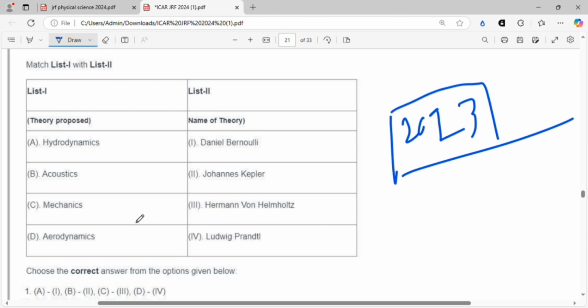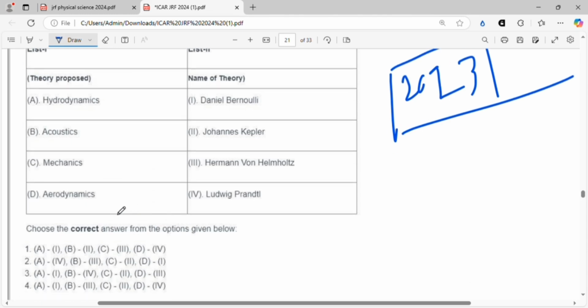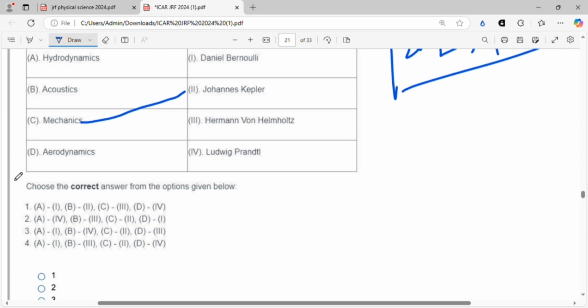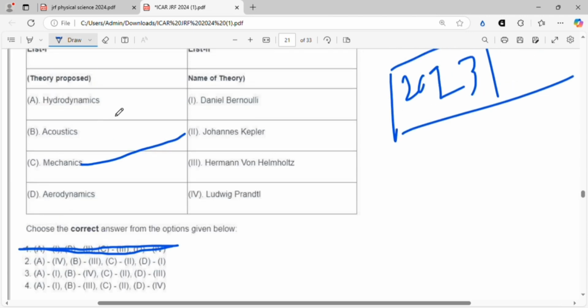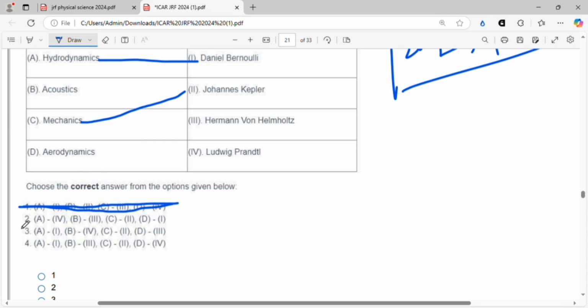So here we will first try to match the ones we already know. So mechanics we know is Kepler. So C will be 2, and there are 3 options with C2. So we will cut off the first option. Then hydrodynamics we know is Daniel Bernoulli. You have read Bernoulli's theorem, Bernoulli's formula and principles. So A will be 1, and still there are 2 options remaining.